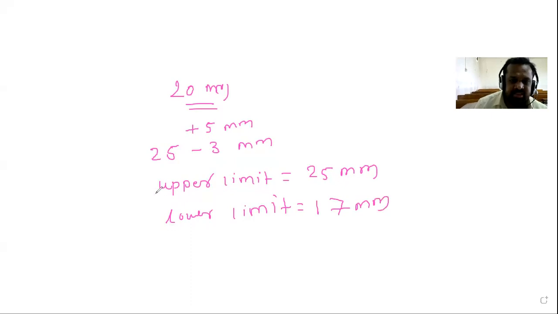These are the two limits we are giving. Whatever maximum limit is there is called the upper limit, and whatever minimum size is there is called the lower limit. The upper limit is the maximum permissible size, and the lower limit is the minimum permissible size.